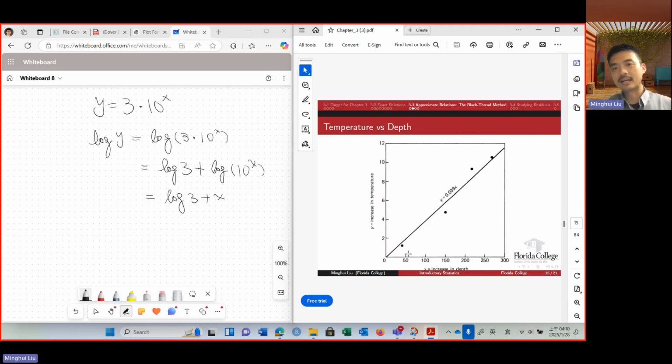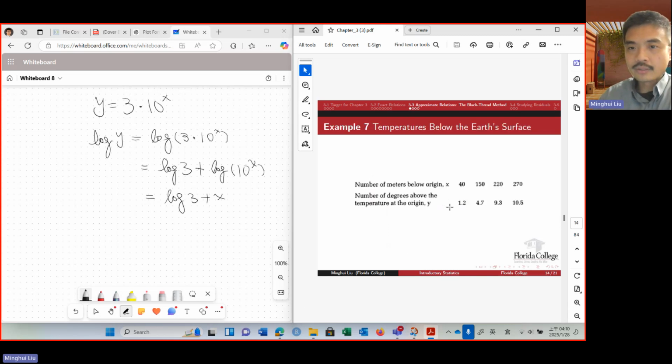Now we try to fit a line to the data. This line does not pass through these points, however, it does a reasonable job of fitting the data. Notice that in this case, we choose a line with the y-intercept equal to 0, because when x is 0, the y value should be 0.